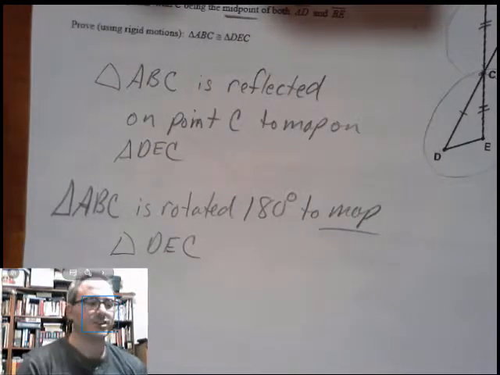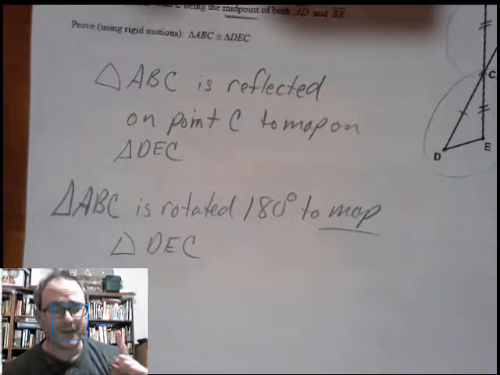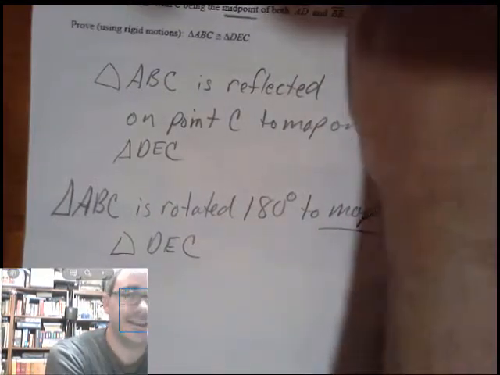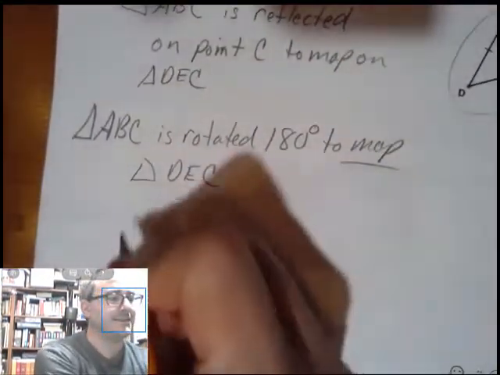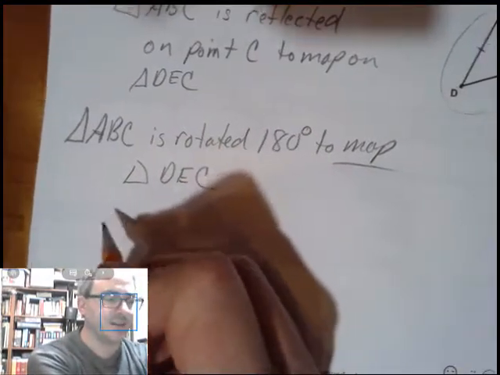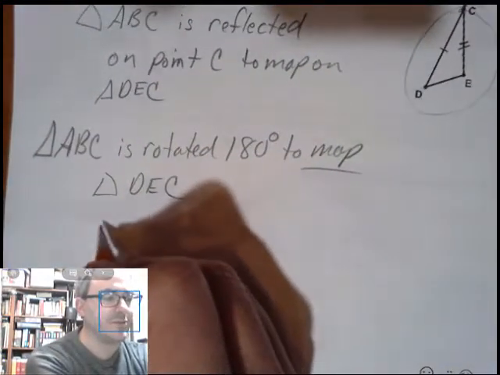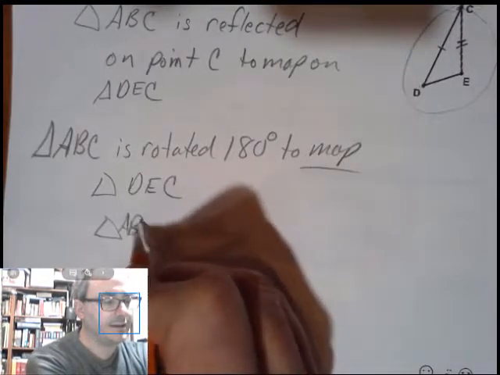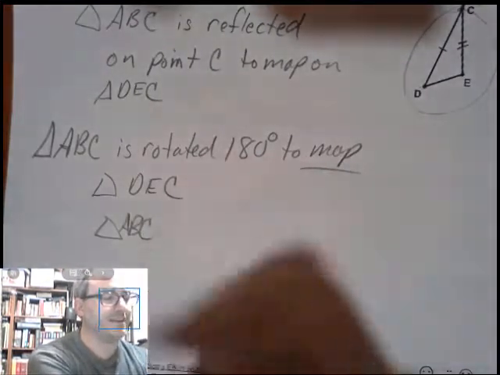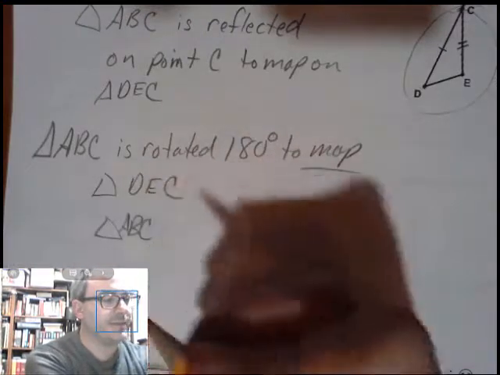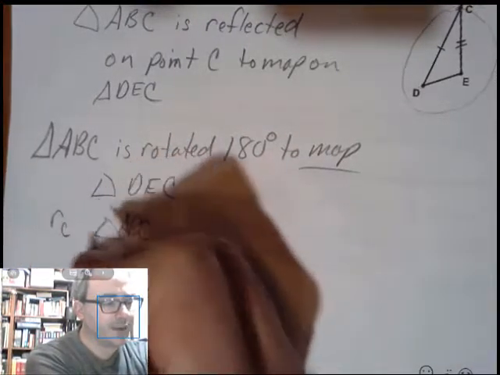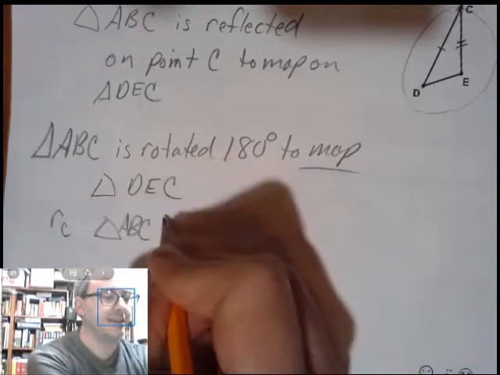That's the English. Bonus points for anyone who can remember the geometric notation we learned yesterday. Anyone got that? It's a little bit faster to write it this way, but it requires a little bit more know-how too. I'm going to reflect, lowercase r, on point C, triangle ABC.